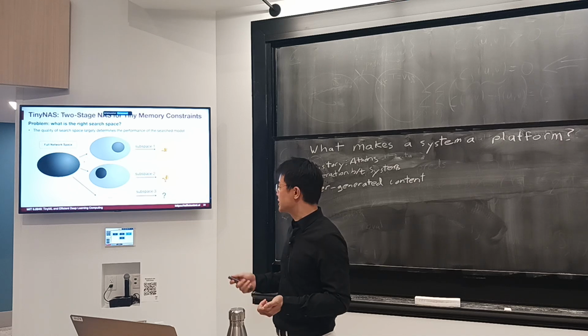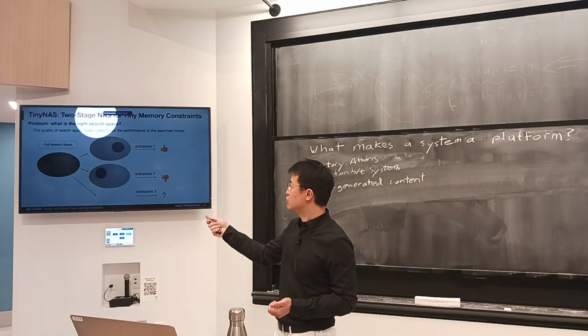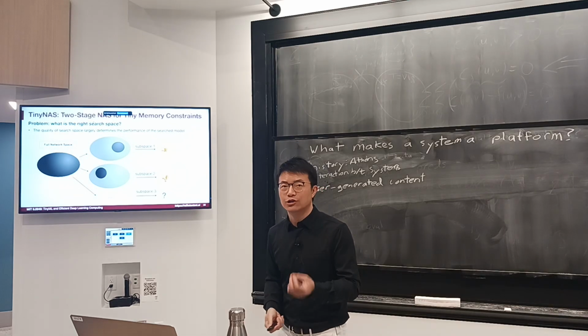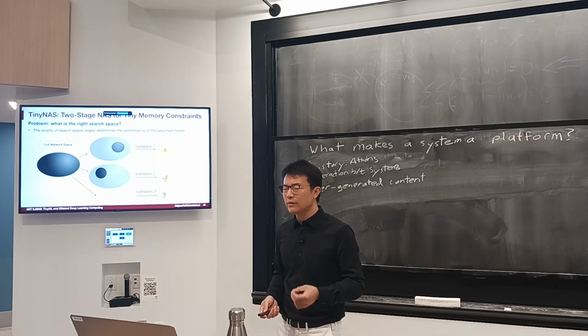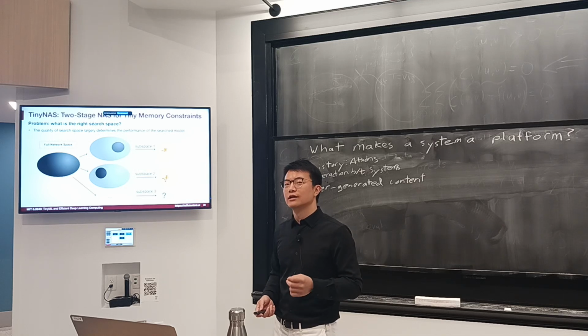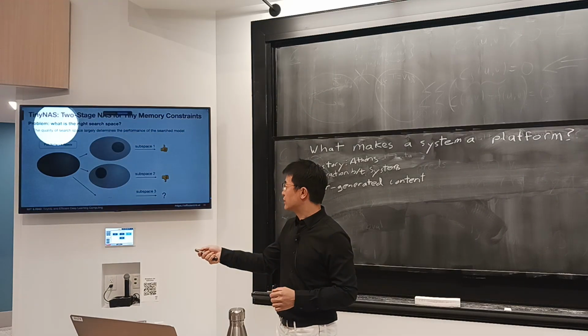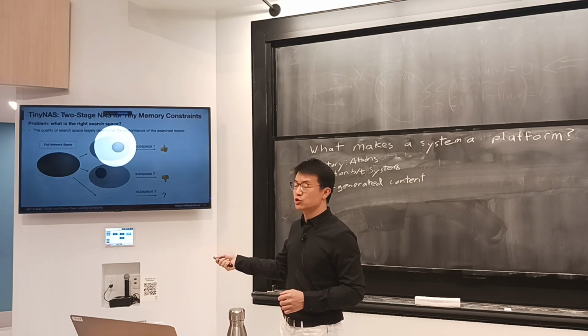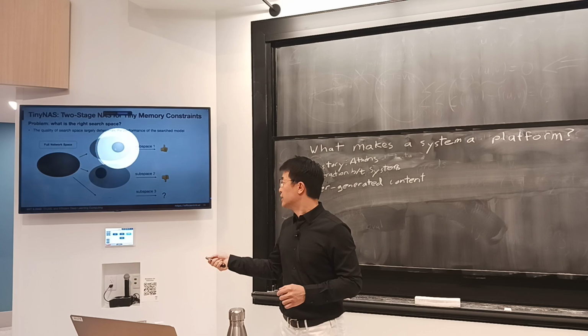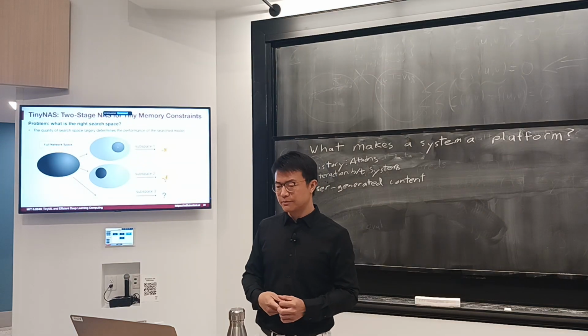So the first of these two stages of TinyNAS is to search the search space and find a good subspace that feels promising, rather than exploring the entire search space. We want to explore a much smaller and constrained search space.